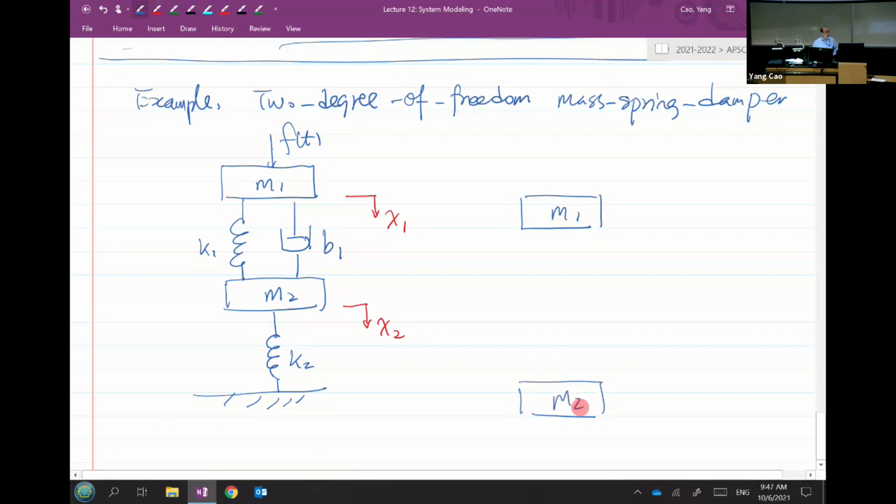And then we apply Newton's second law. I don't have much time left, so I don't want to cram everything here. Can you draw the free body diagram for M1? Give it a try first, for 1 or 2 minutes.